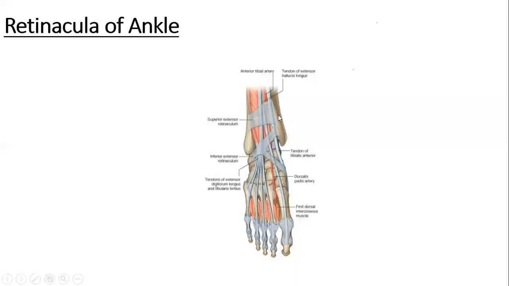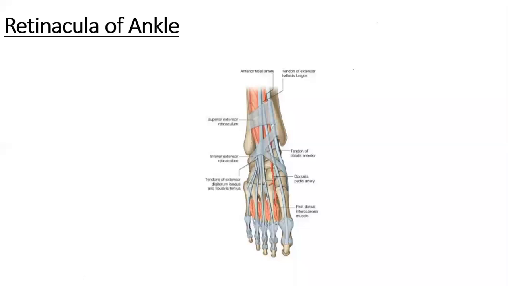The superior extensor retinaculum gets attached to the distal ends of the anterior borders of tibia and fibula, whereas near its medial end, it splits to enclose the tendon of tibialis anterior. And it is this muscle that will pass under the superior extensor retinaculum within its synovial sheath.